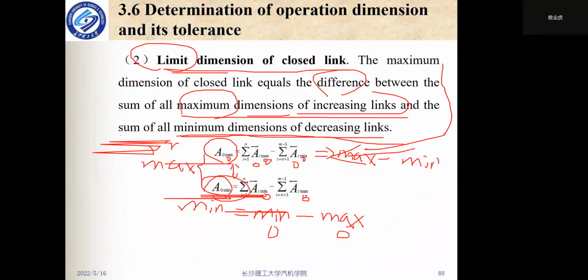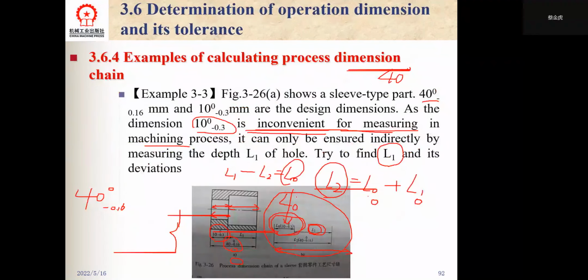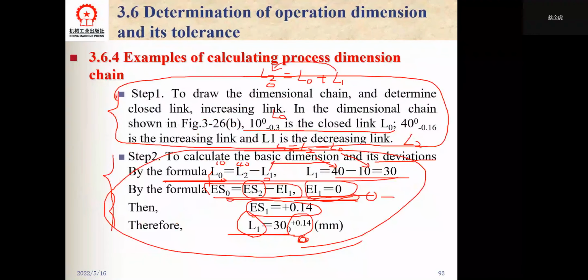The detail means you should write this equation on the paper and then use this equation to calculate the values. Only one step remains.